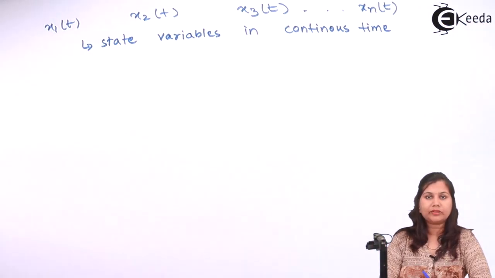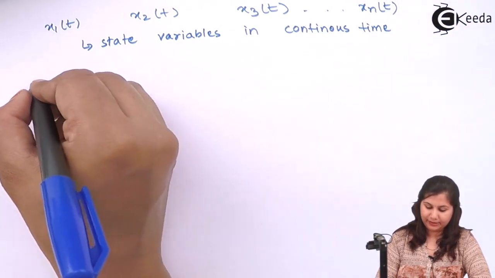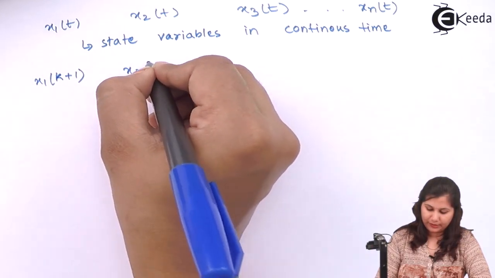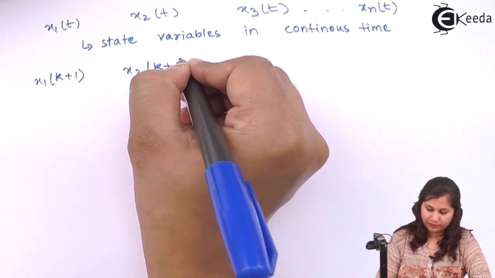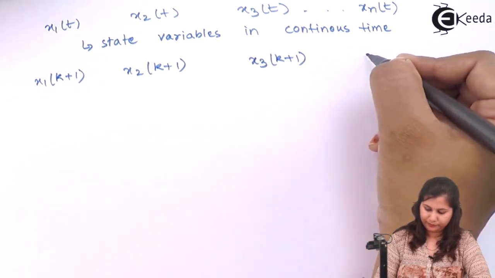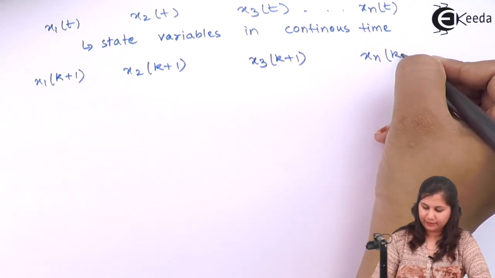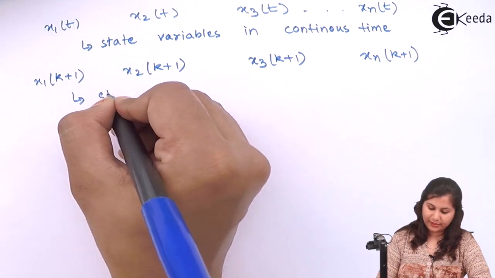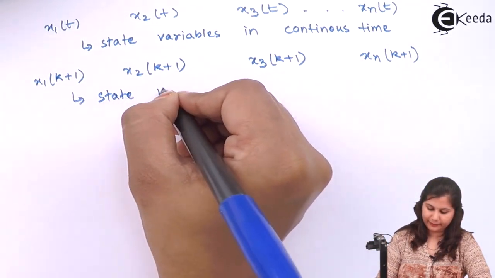In discrete time, the state variables are represented like x1(k+1), x2(k+1), x3(k+1) till xn(k+1). So these are the state variables in discrete time.